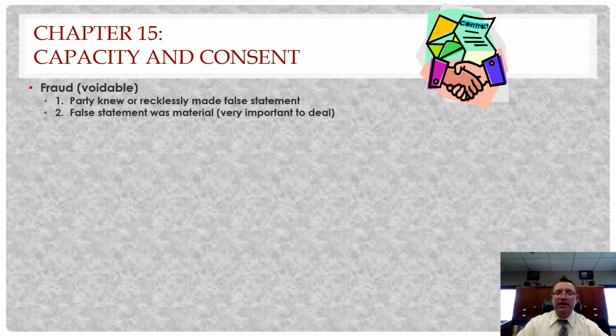Was there any flooding? And the person said, no, nothing. This was not in the floodplain. No water ever got in. No, that never happened, right? Well, that was clearly important to the deal. That false statement led you to enter the deal. If you found out that it turned out to be untrue, then that's a situation in which you could go back and have that contract voided out, right?